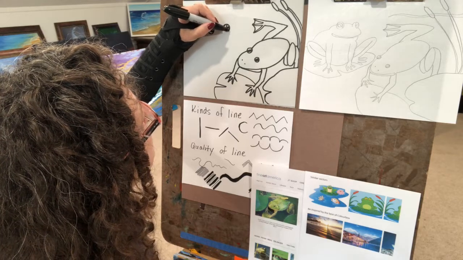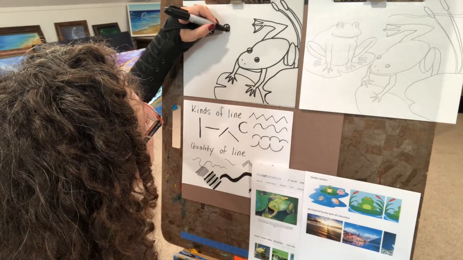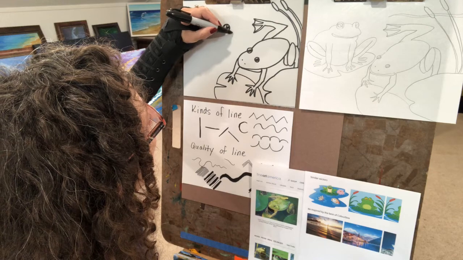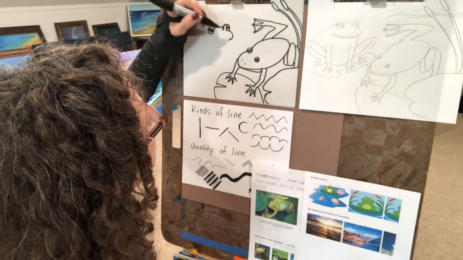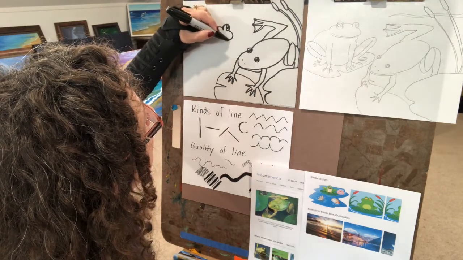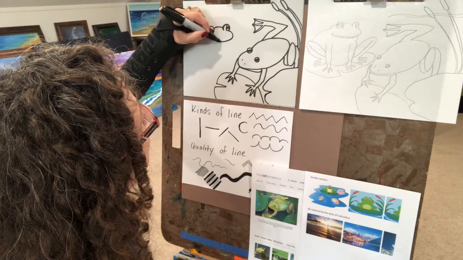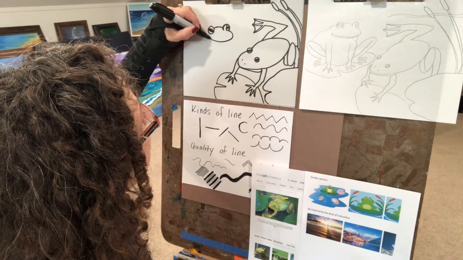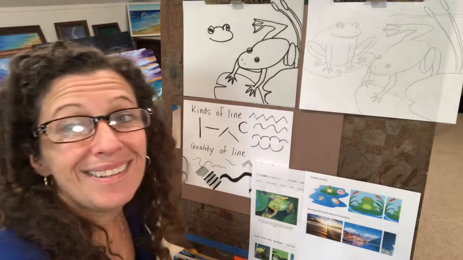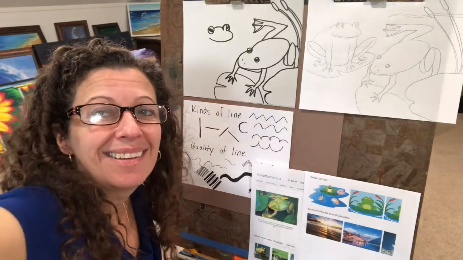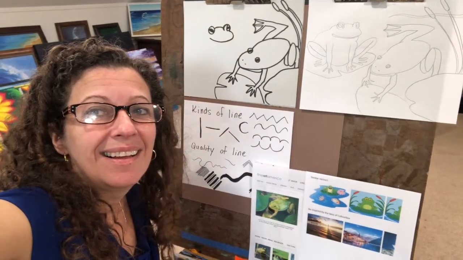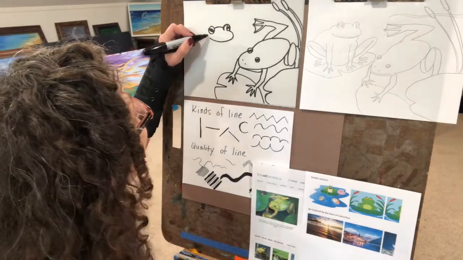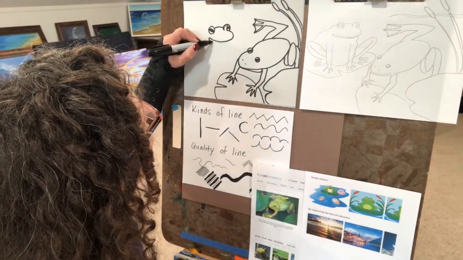Now from this right eye, I need you to make like a backwards letter C. And come up so that it looks like he's smiling. And then come back around.